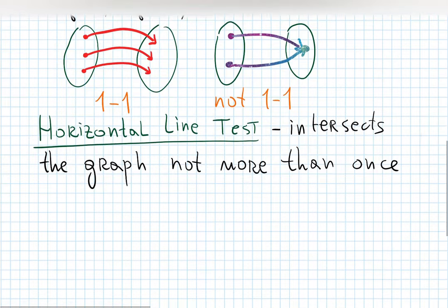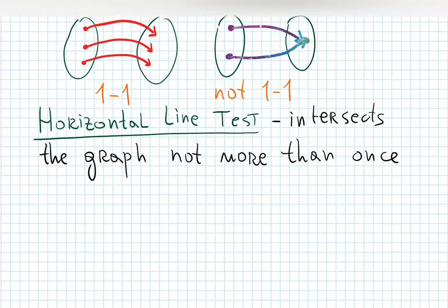So we basically make a lot of horizontal lines that intersect the graph not more than once. Then f of x is a one-to-one function.